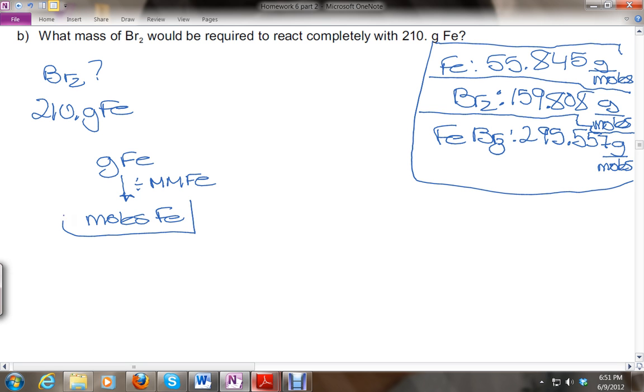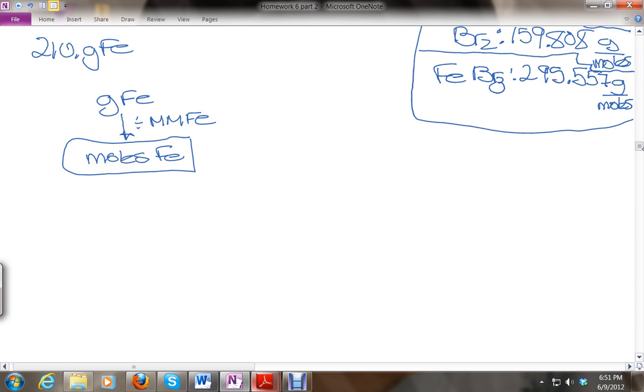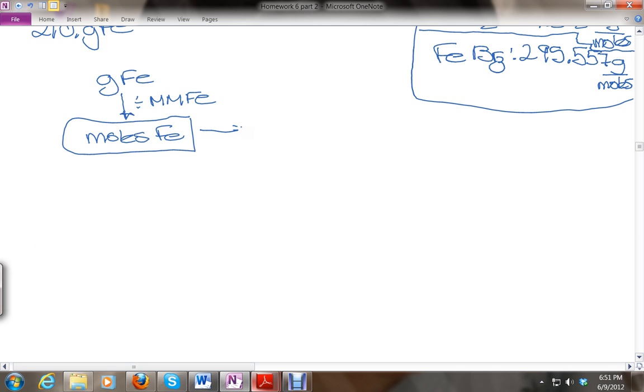Then we do the stoichiometry ratio from the equation, and it's going to be 2 to 3. So we get the moles of Br2, because that's what they're asking for.